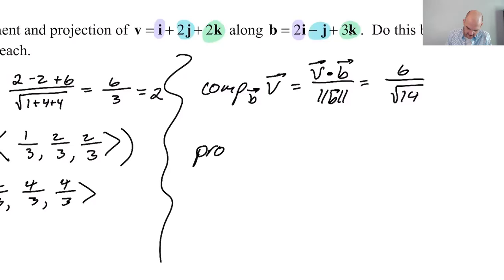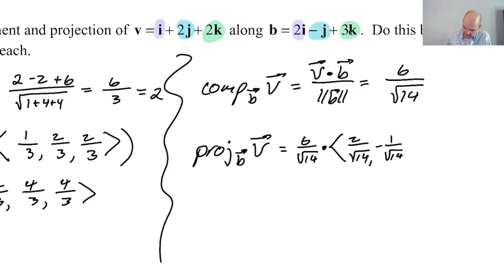So the projection along B of V. B is the base, V is the one that's up there. You've got your projector pointed down, and you're going to get the shadow of V along B. So we're going to get 6 over root 14 times the unit vector of B, which is 2 over root 14, -1 over root 14, and 3 over root 14.